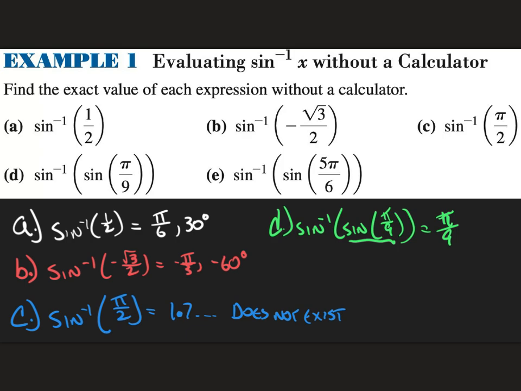Remember, the sine and the sine inverse undo each other. And for E, the sine of an angle is a ratio. The sine inverse of a ratio gives you an angle. And the calculator will give you pi over 6 because the calculator will give you the sine in quadrant 1.